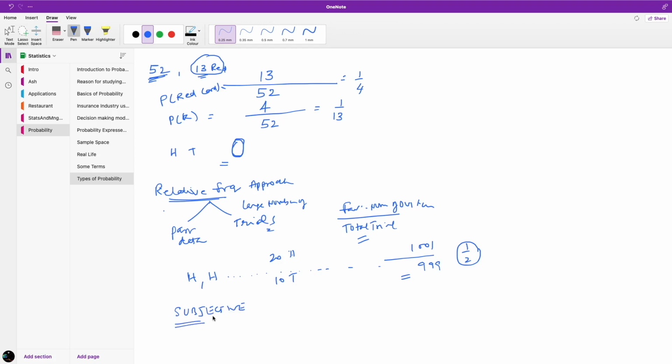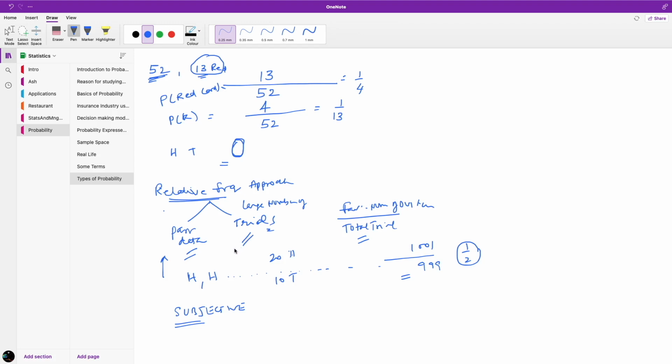In the subjective approach, what happens is, in the relative frequency approach we were talking about a large number of trials, but it may fail with unique situations where that particular situation has not occurred in the past, so there is no past data, or because of the cost involved in doing the trials, we may not be able to do those experiments.